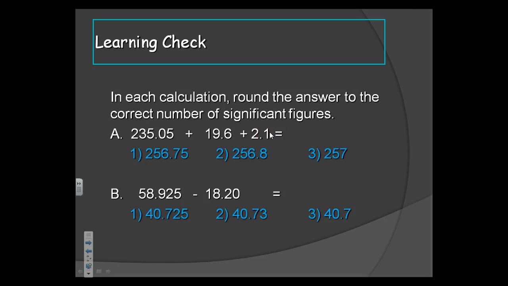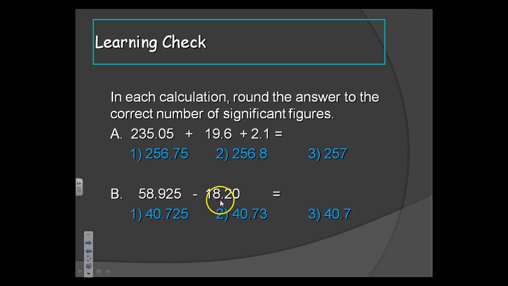That means the lowest number of decimal places is 1, so I'm going to need to round my answer so that it has 1 decimal place. The calculator would spit out this number right here. You would go to 1 decimal place, but then you're going to have to round. That 5 is going to make that 7 round up to an 8, so number 2 right here is the correct answer.